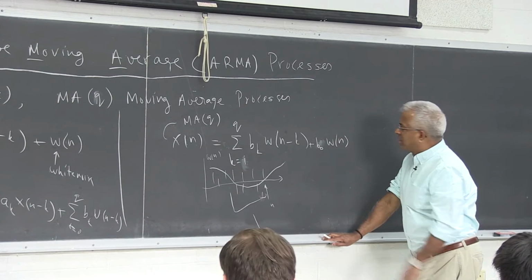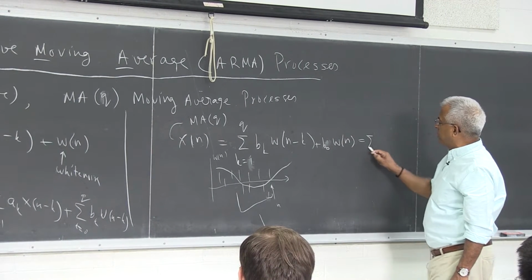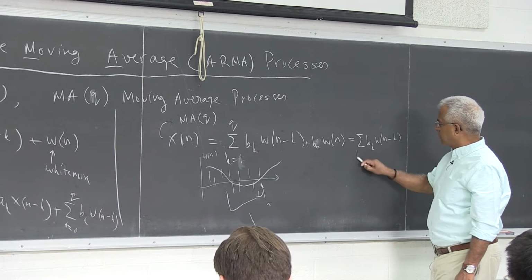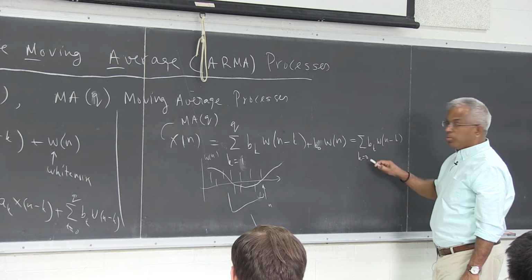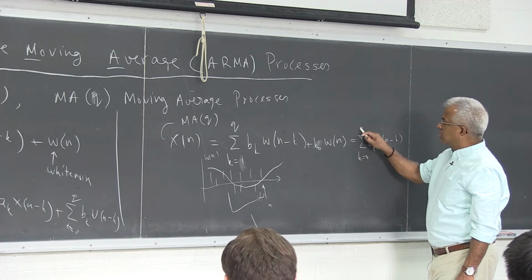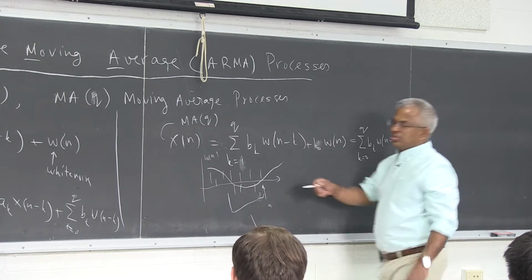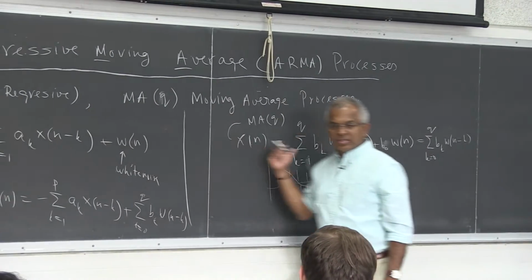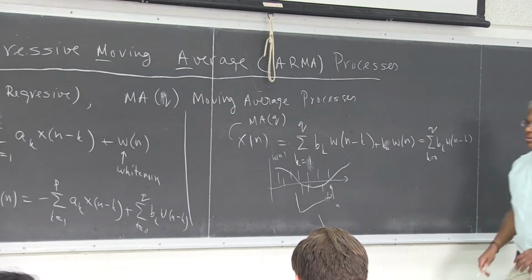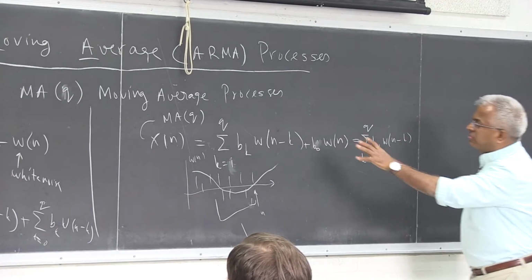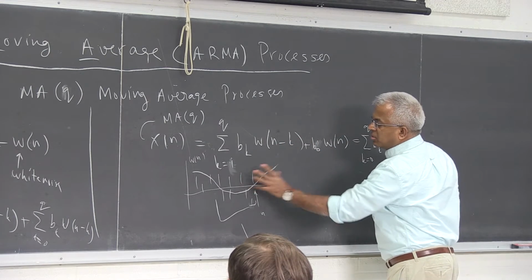You can either write it like this, or leave it the way we wrote it before, with k from 0 through Q. I just wanted to show you that you can write it like this, with the w of n term separate. But the remaining terms are regression on itself, whereas here it's a moving average window.